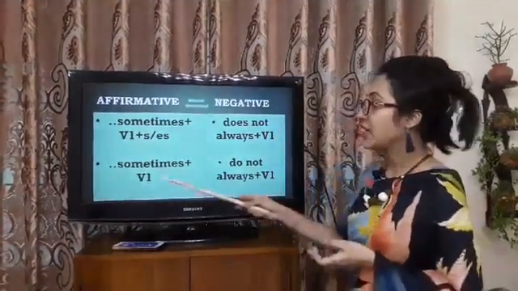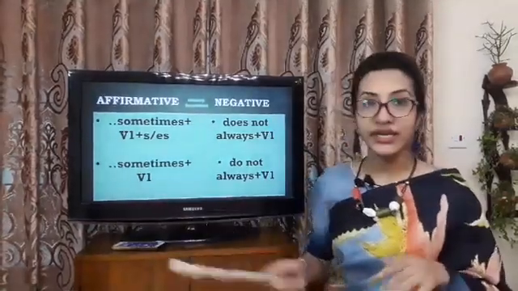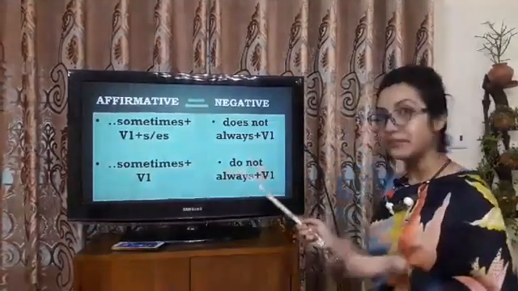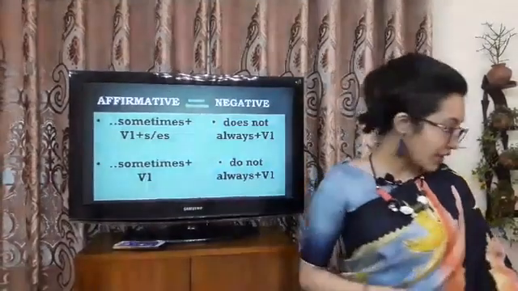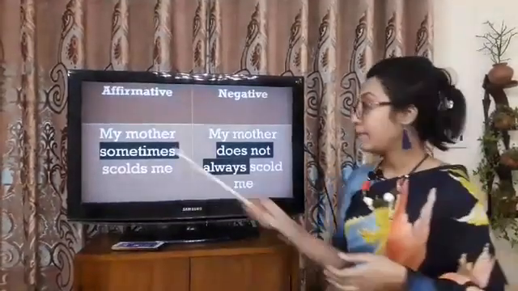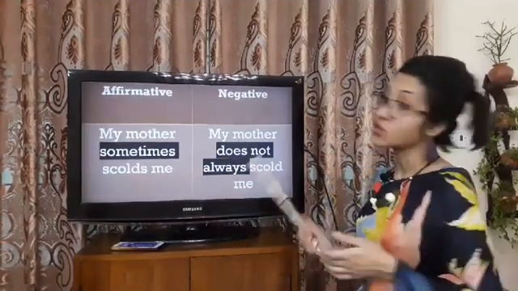On the other hand, if you have sometimes plus v1 and there is no s or es, তাহলে সেম জিনিস জাস্ট do not হয়ে যাচ্ছে. So let's see the example again. My mother sometimes scolds me. So my mother does not always.